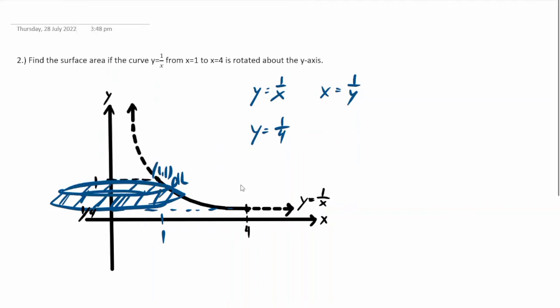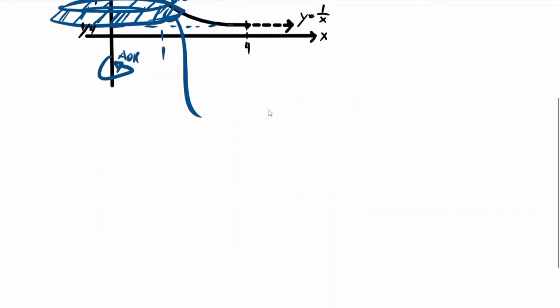So then this is a dy strip. The axis of rotation is on the y-axis. As you can see here, it is rotated about the y-axis. So bring this out. We'll have a hollow strip here.